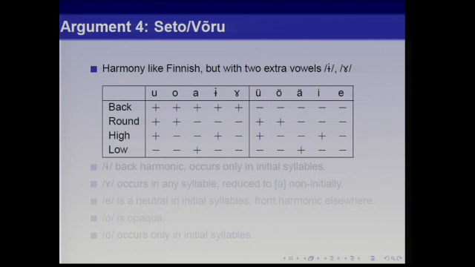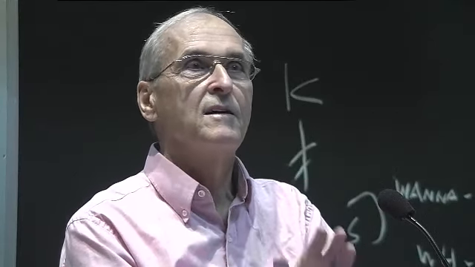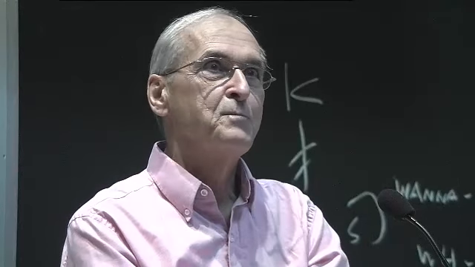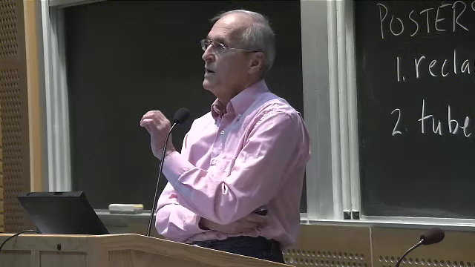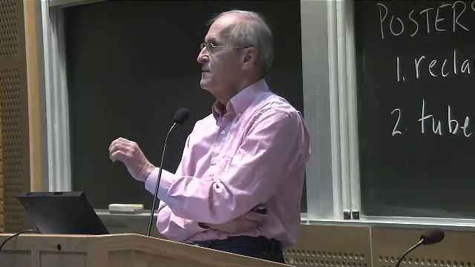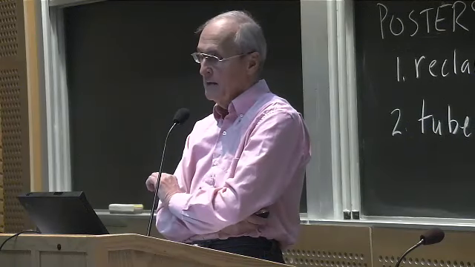Now, fourth argument: suppose we had a language in which we had more vowels. Well, that we found in Seto and Võru. Actually, they're identical, but one of them is a language, the other one is a dialect of Estonian. The one that is spoken by Orthodox people in Russia is a dialect of Estonian.